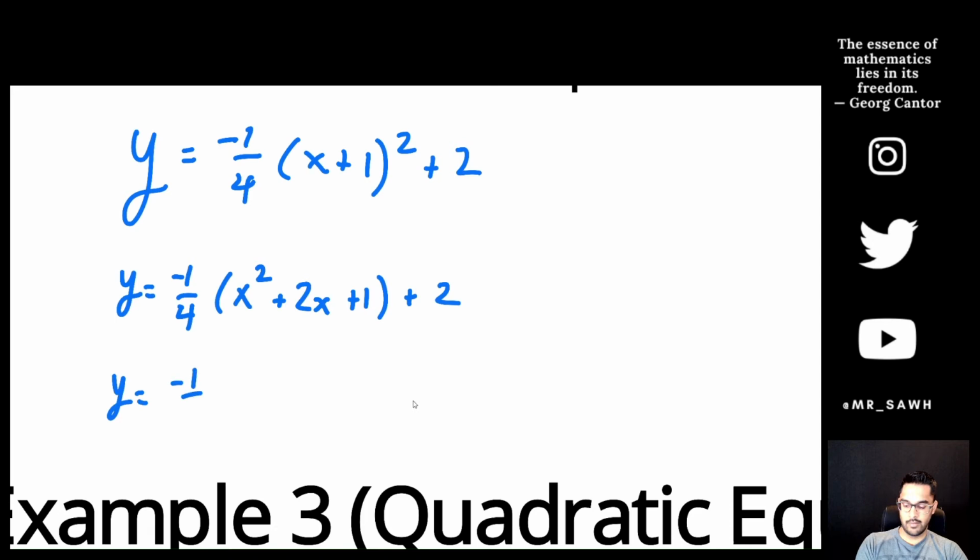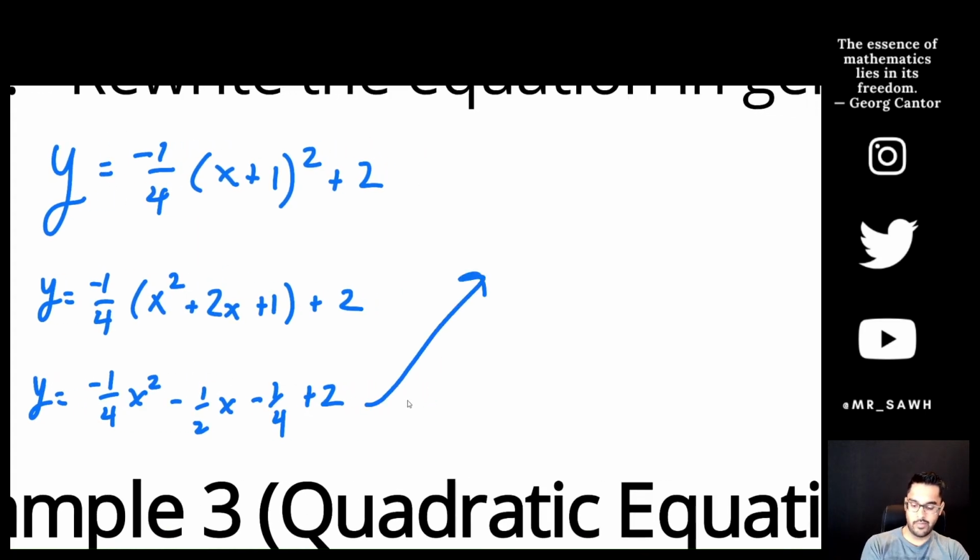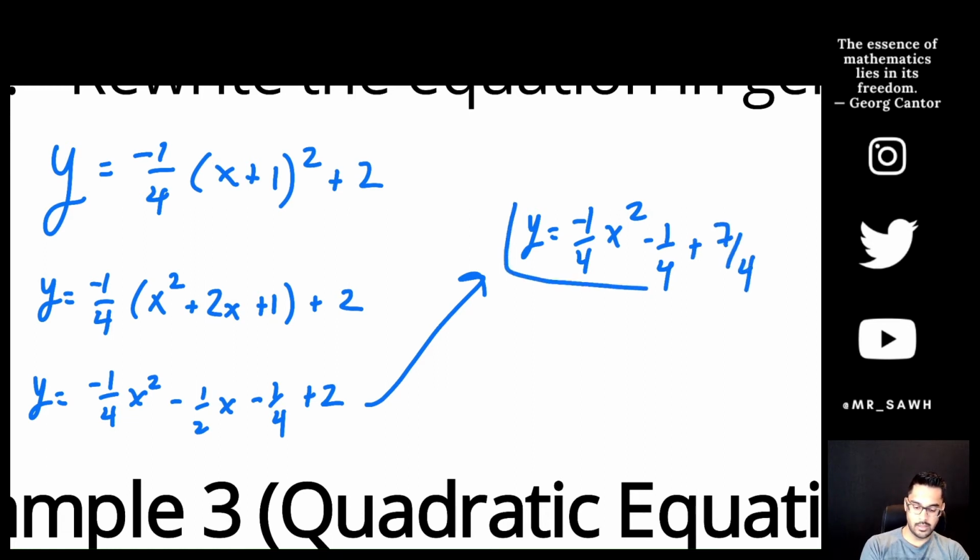So you get negative 1/4 x squared minus 1/2 x minus 1/4 plus 2. If you collect your constants together, you'll have your y-intercept from before. So it was, I believe, 7/4 as a positive. And there is our equation general form now.